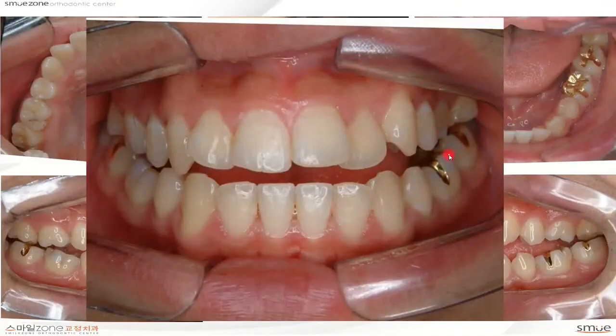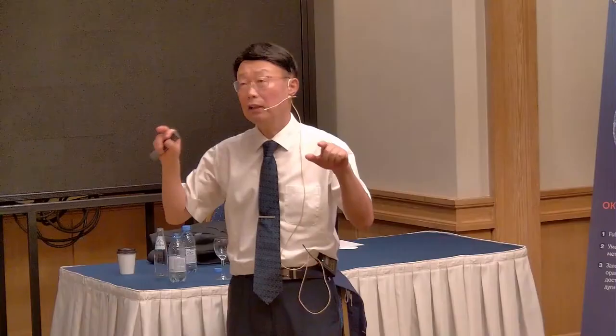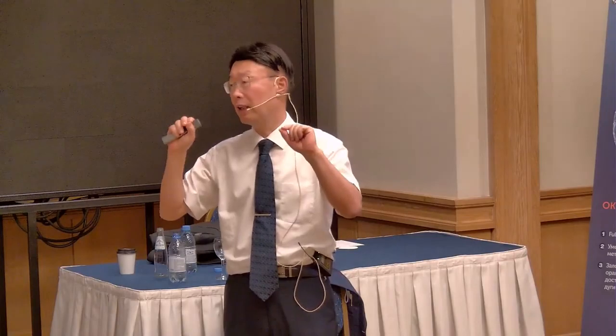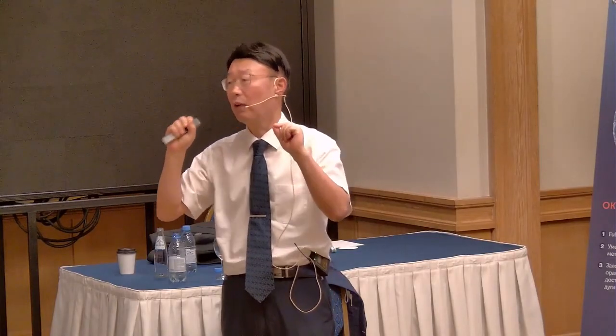У этого пациента было до этого ортодонтическое лечение, но его не получилось завершить до конца. И сейчас у этого пациента есть открытый прикус, и поэтому, возможно, ему понадобится ортодонтическая хирургия, было сказано пациенту.